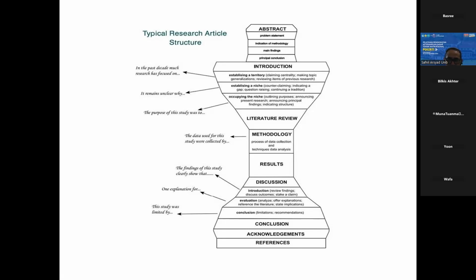They are ready to pay the article processing charge, or APC, to publish their articles in good journals, not in poor quality journals, especially international journals. The journals indexed by Scopus are good, high quality journals.